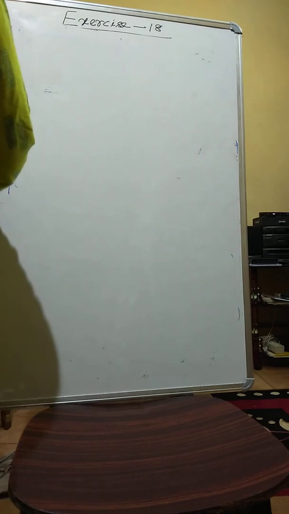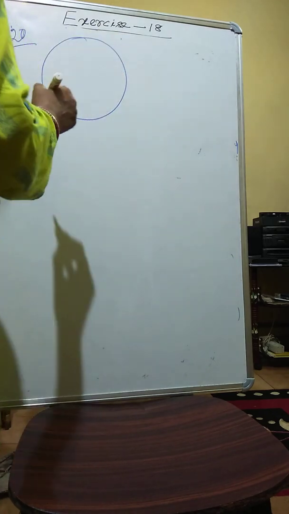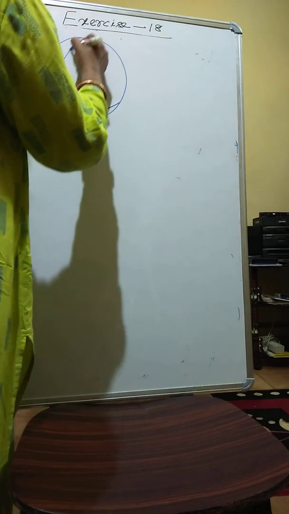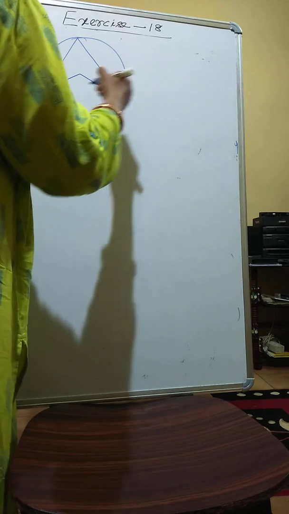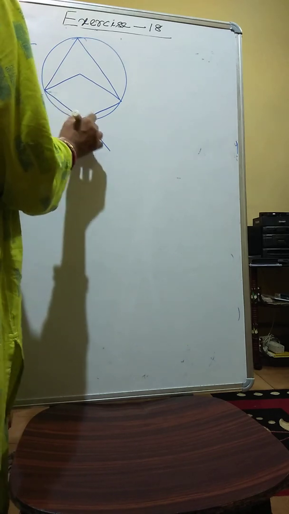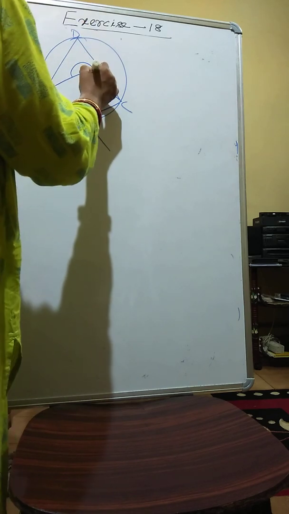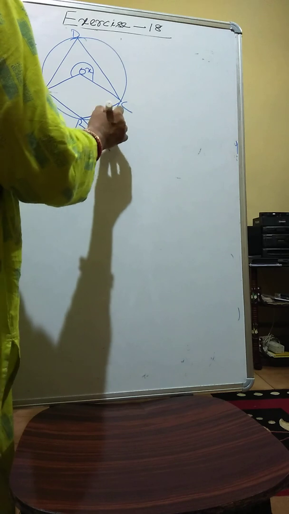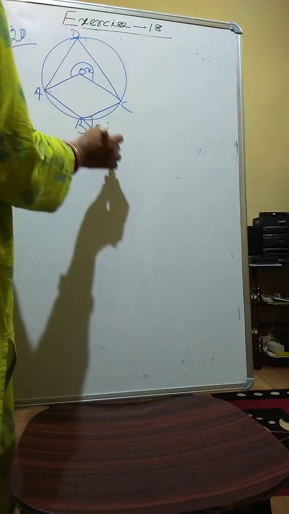Now I am doing question number 20. Question is giving O is the center of the circle, ABE is a straight line.